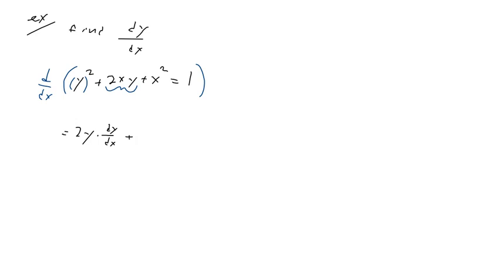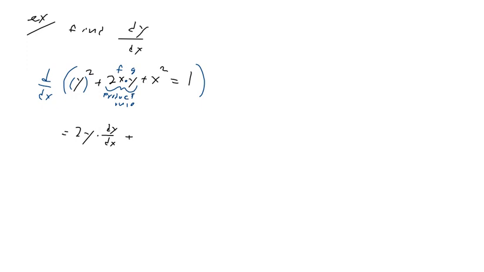Is it a product rule? Thank you, Jessica. Yes, we are going to use a product rule for this. It's a 2x times a y. This is my f and this is my g. I have to use a product rule here to deal with the x part and the y part separately.